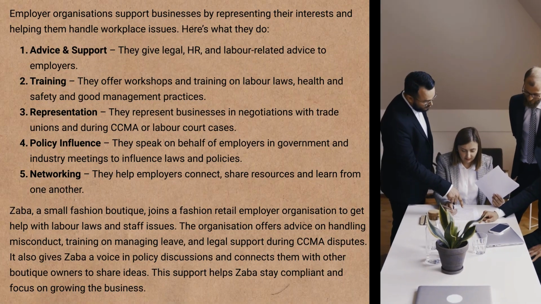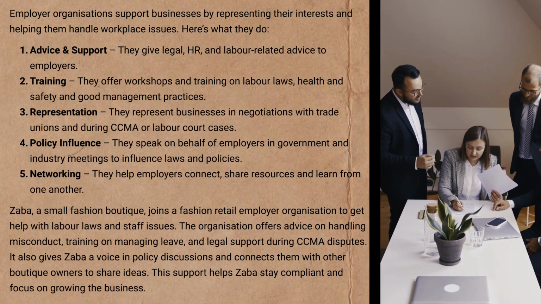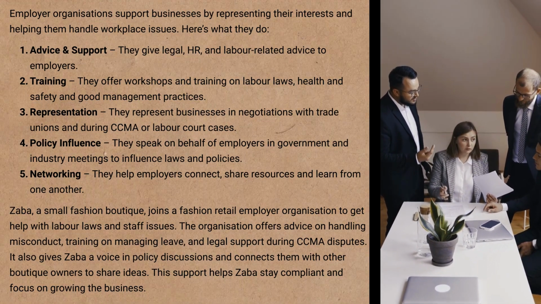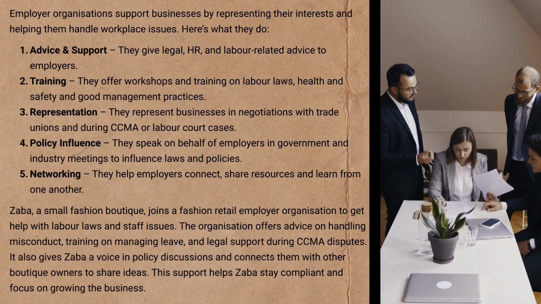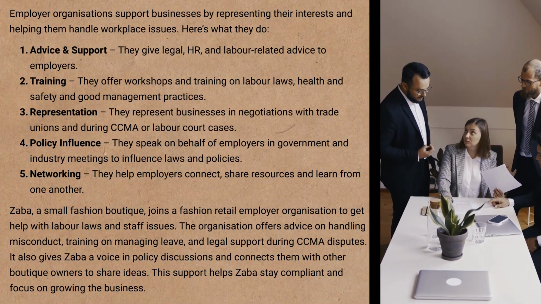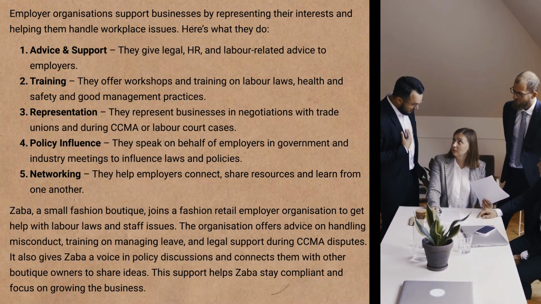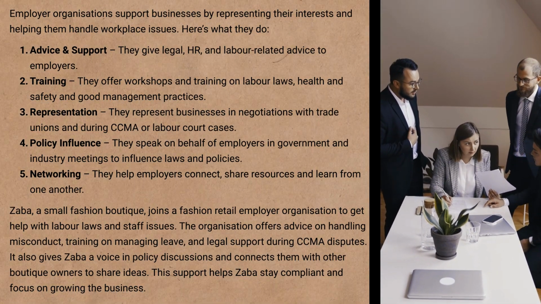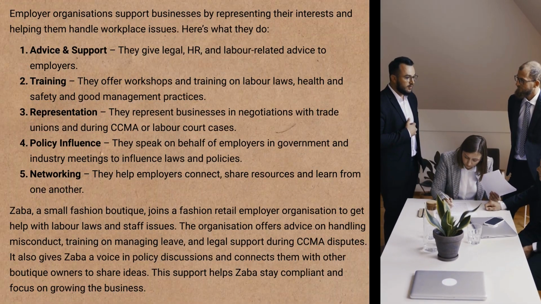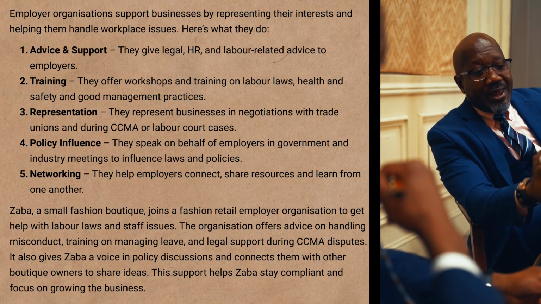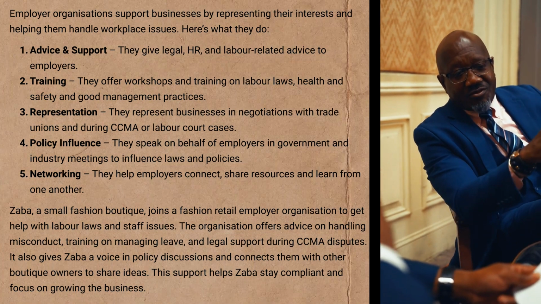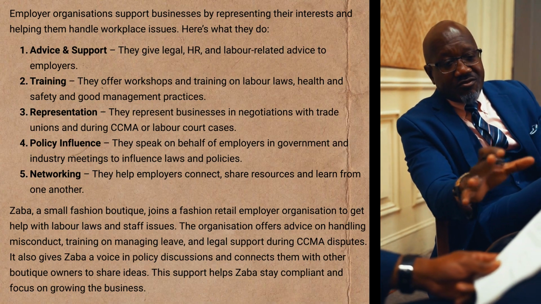Training: they organize workshops or training sessions to help business owners or managers learn new skills or keep up with changes in their industry. Negotiations: they help in collective bargaining with unions, making sure that agreements on things like wages or working conditions are fair but also good for business. Networking: it's a chance for business owners to meet, share ideas, and maybe even find new business opportunities.